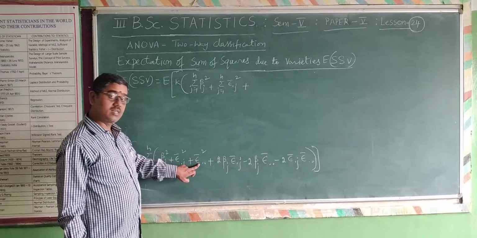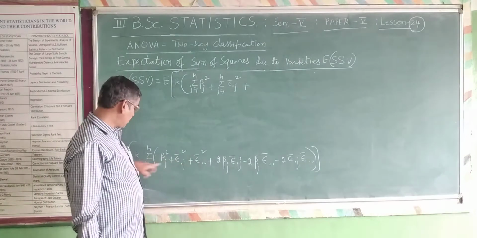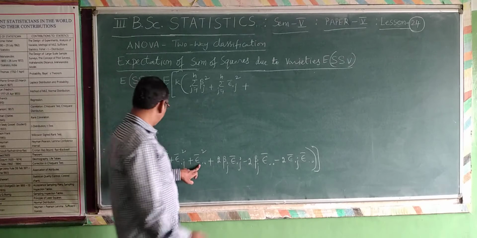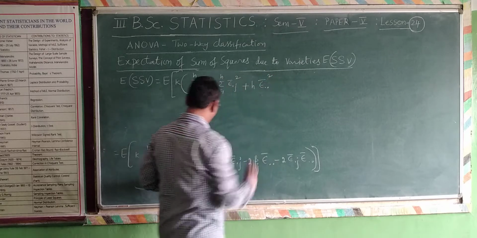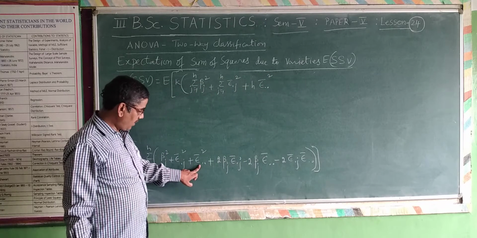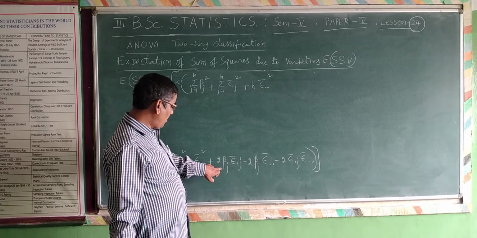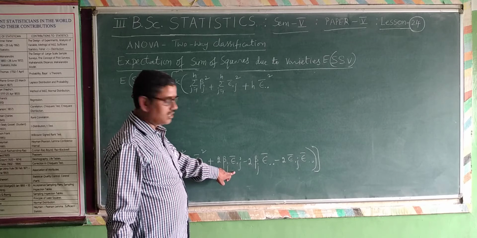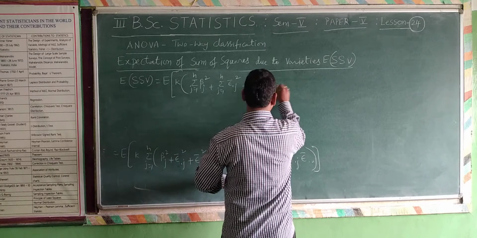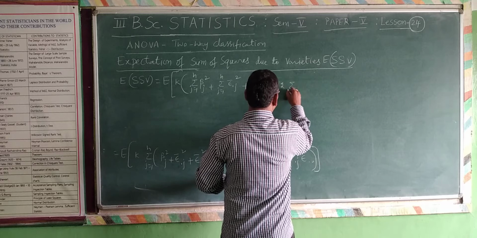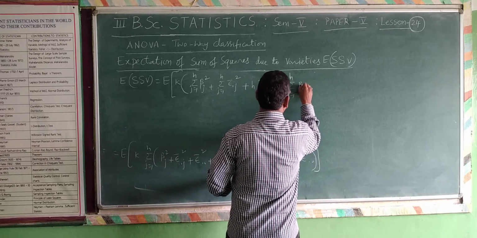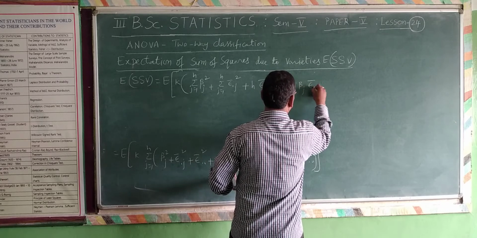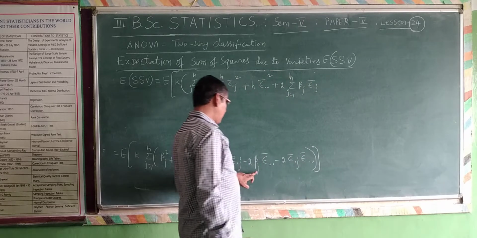Epsilon bar dot dot square is a constant and does not depend on j, so it is H multiplied by epsilon bar dot dot square. Alright? And then next, 2 into summation beta j epsilon bar dot j. So here I get plus 2 multiplied by summation j is equal to 1 to H of beta j multiplied by epsilon bar dot j.